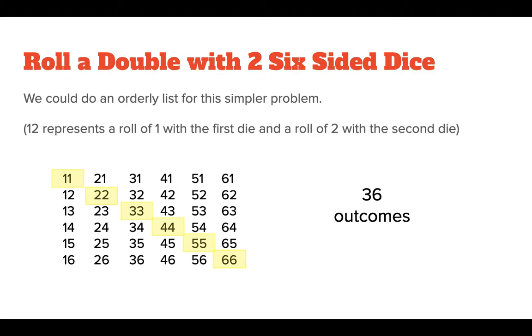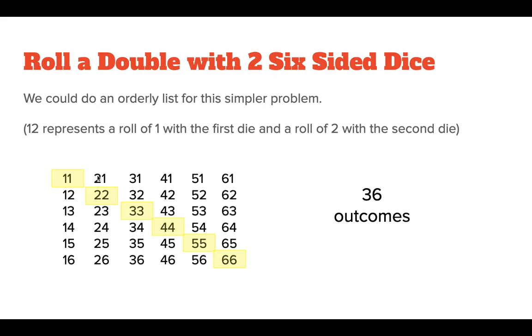So the simplified case is, let's say it was only two six-sided dice, because we could make a list if I only had two dice that I was rolling. It wouldn't be hard to make that list. So with just two dice, here's my sample space. They could both be a 1. I could get a 1 and a 2, a 1 and a 3, a 1 and a 4, a 1 and a 5, a 1 and a 6.